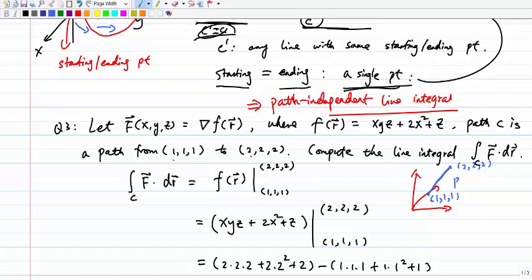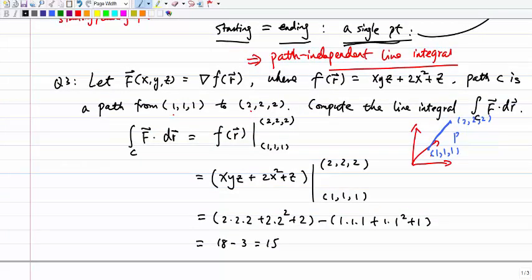But another approach we talked about in class is, if my vector field is given by the gradient of a scalar field, my line integral is just equal to f, the scalar field, evaluated at the ending point minus the starting point.